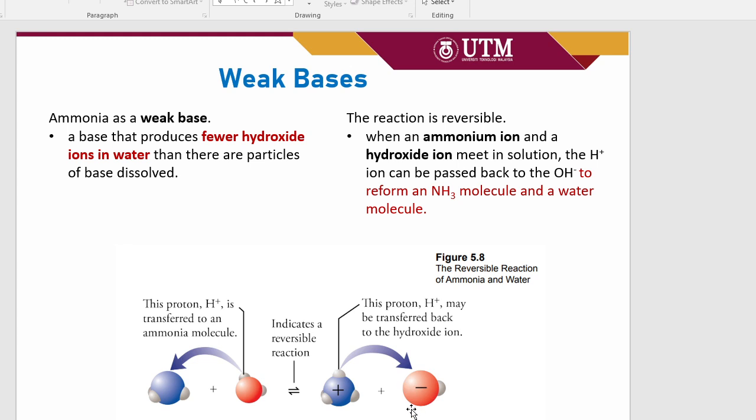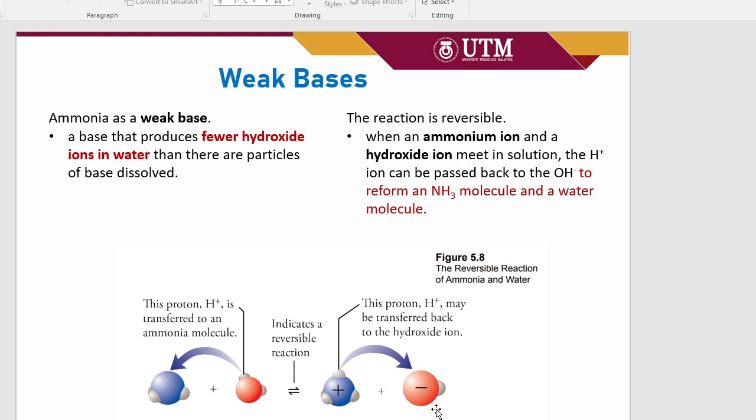The OH produced can be passed back to H2O, so NH3 is reformed and ammonium is also formed. So the proton of hydrogen may be transferred back to the hydroxide ion.